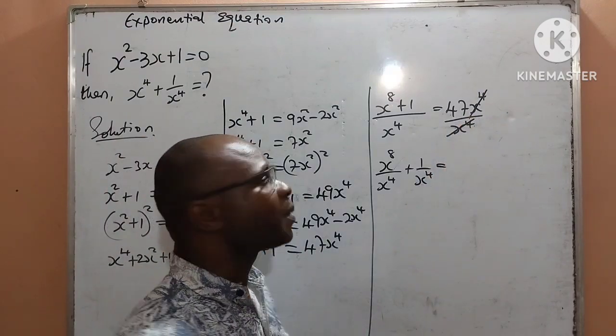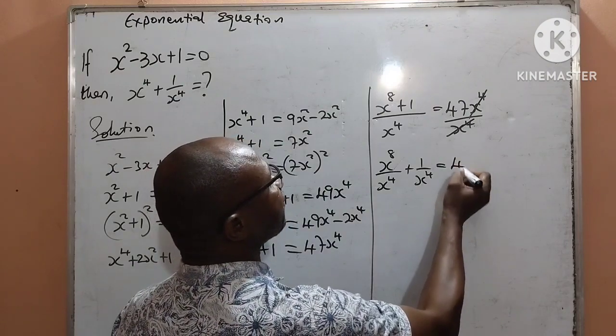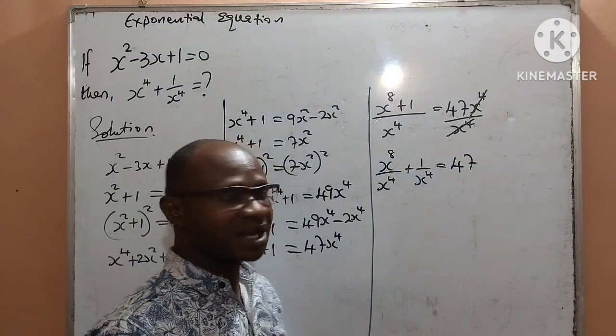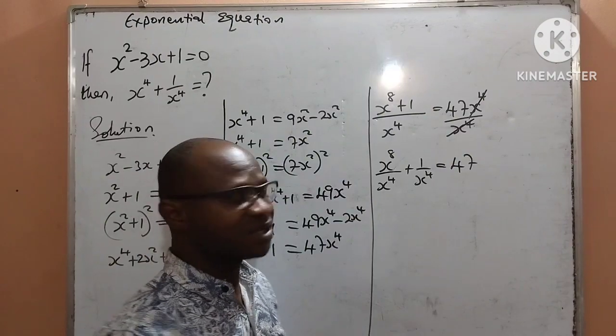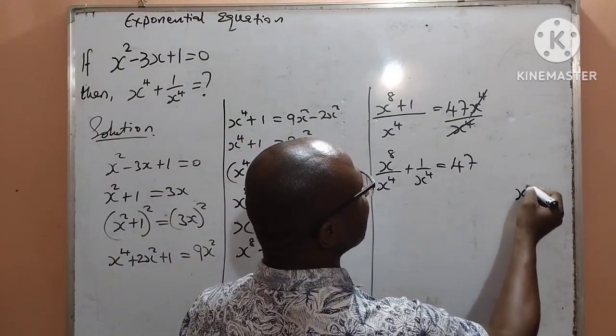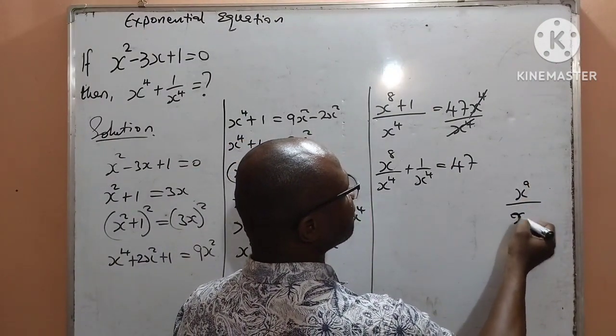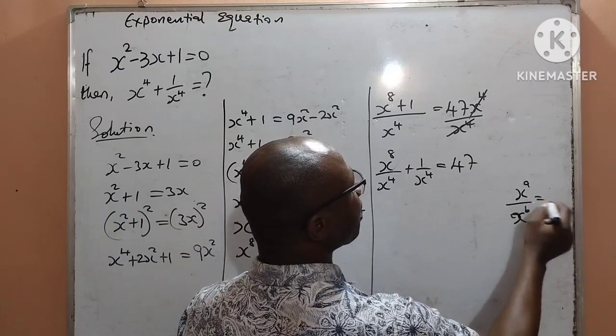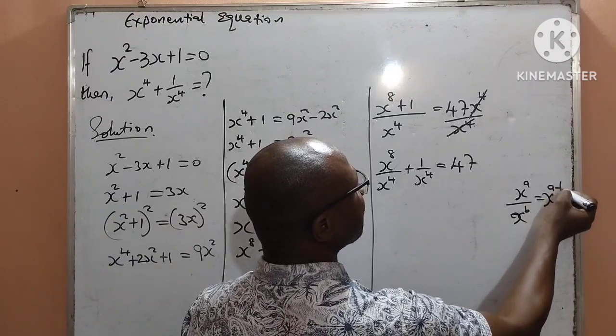We cancel x raised to the power 4 at the numerator, leaving me with 47 by the right hand side. And by law of indices, if I have x raised to the power a all over x raised to the power b, it is equal to x raised to the power a minus b.